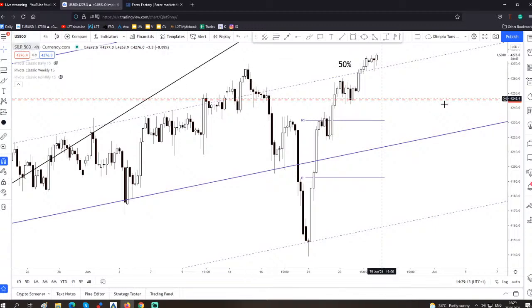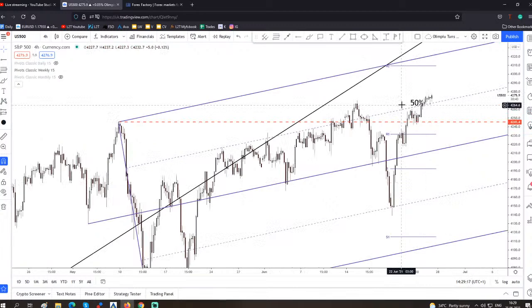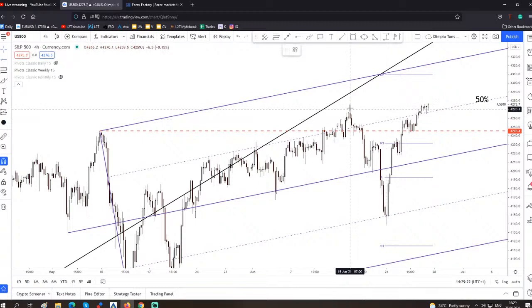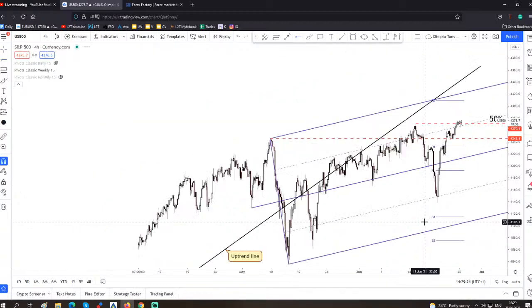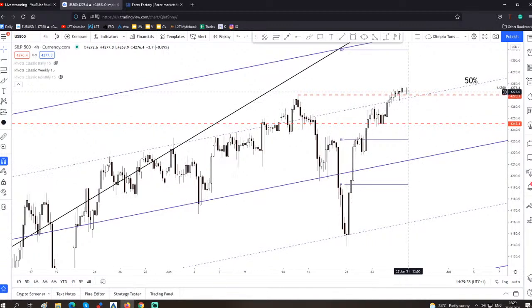So let's take a look here at the US 500, the S&P 500. The index has reached a new all-time high today, 4,277, and it's still strongly bullish.